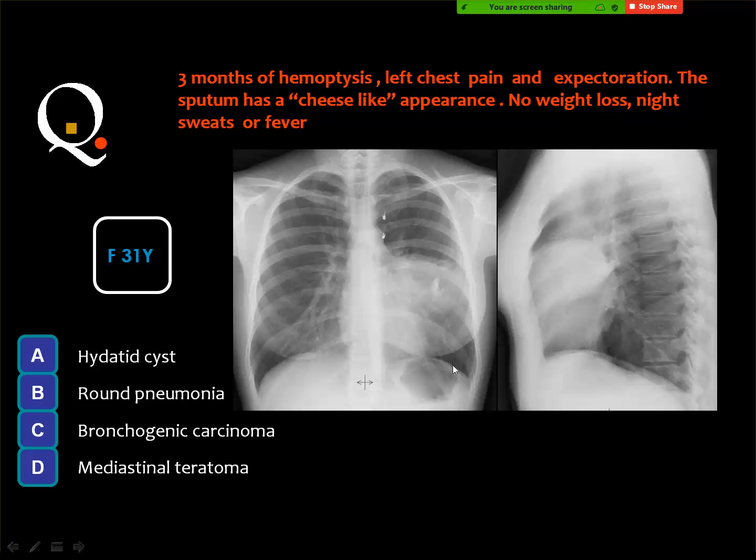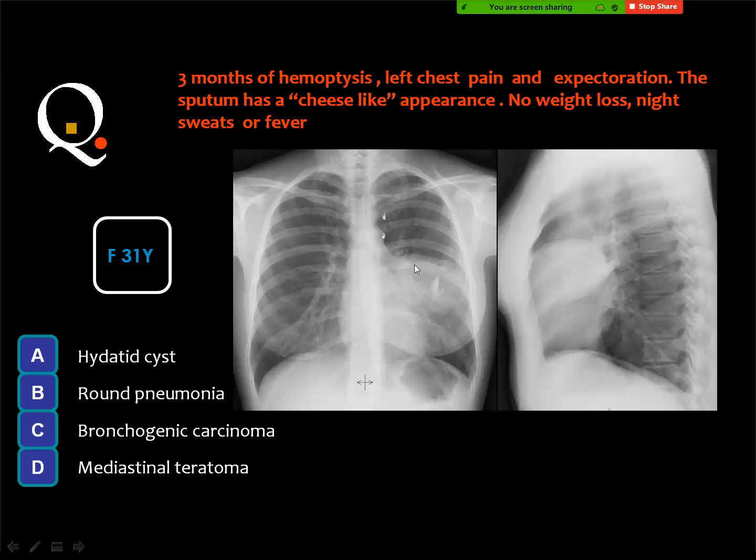Okay, and as you have said that there is gross calcium, and bronchogenic carcinoma does not show gross calcification in the plain film. It can show calcium in the CT scan. Then you see the density of the lesion is not a true density of a mass.